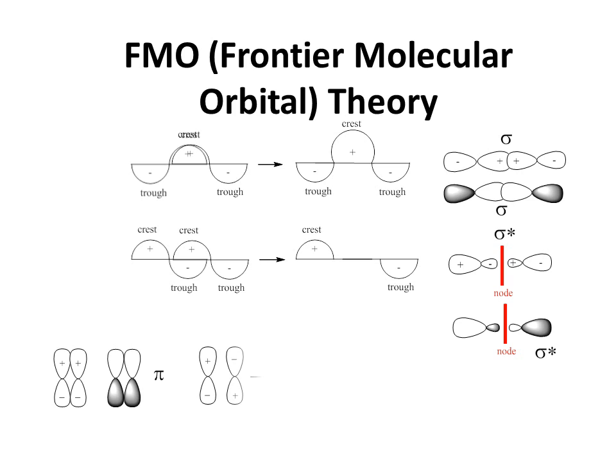If the interacting orbital phases are opposite, there's repulsion, and you get an unstable, high-energy, antibonding pi molecular orbital, pi star. Again, there is a node between the interacting orbitals, a region of zero electron density.